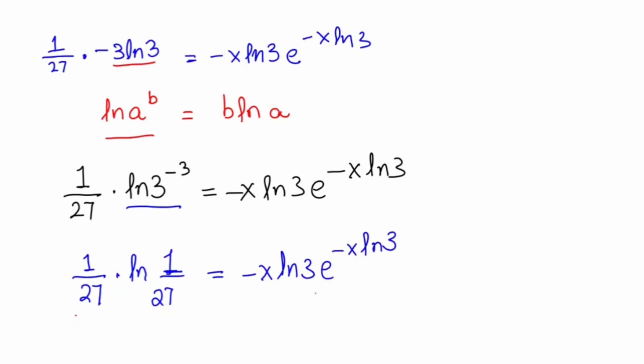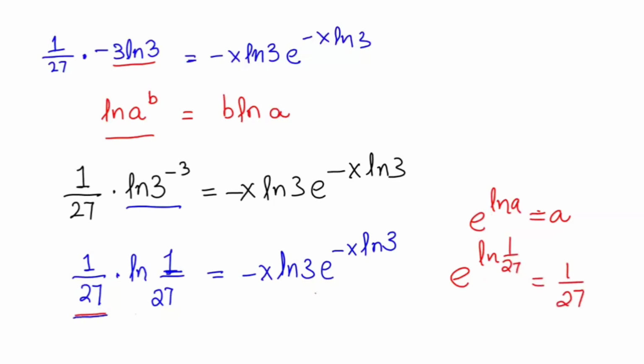Now, in replacement of this 1 over 27, I'm going to use the logarithm property, that e to the power of ln of a is equal to a. So e to the power of ln of 1 over 27 can be written as 1 over 27.